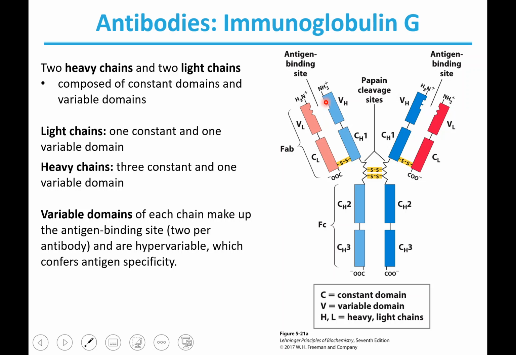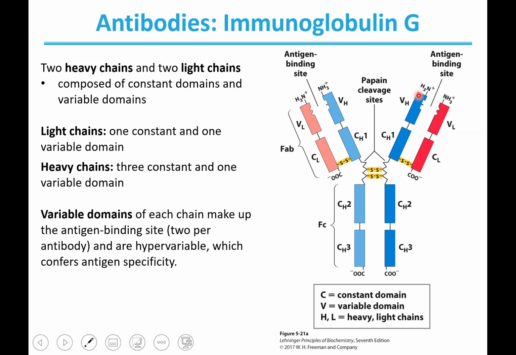The heavy chains have one variable domain and three constant domains. The variable domains are all up here at the Y end of this antibody. In the cleft between the light chain and heavy chain, that's where the antigen binding sites are.